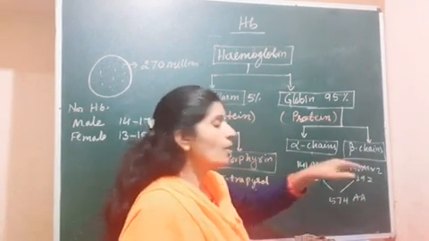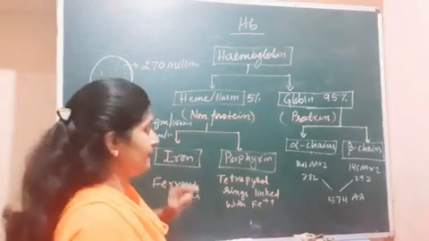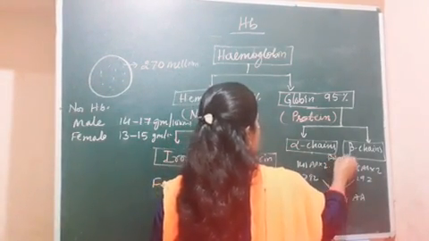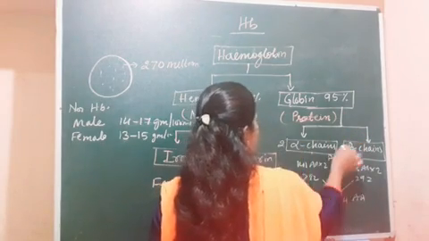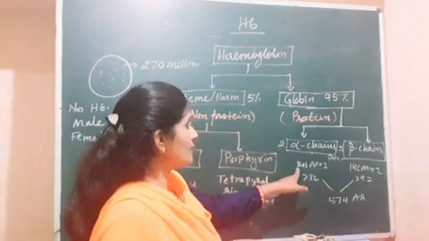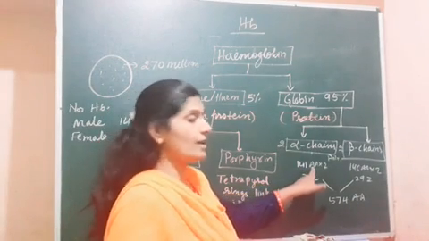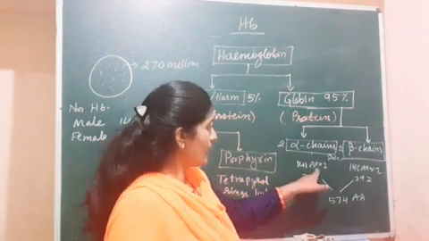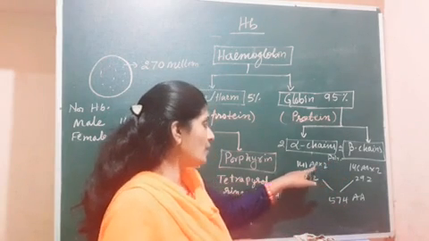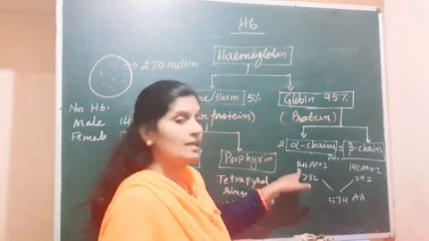Those are polypeptide chains. Here 2 alpha and 2 beta chains are present. Each alpha chain has 141 amino acids. Poly means many amino acids are there. How many are there in one alpha chain?